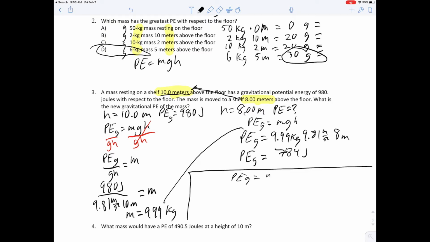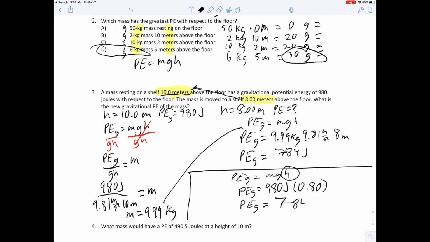Because this is a linear problem, mgh, if you're multiplying by a constant amount, you could have just taken the original 980 joules times 80%, because that's 80% of that height.